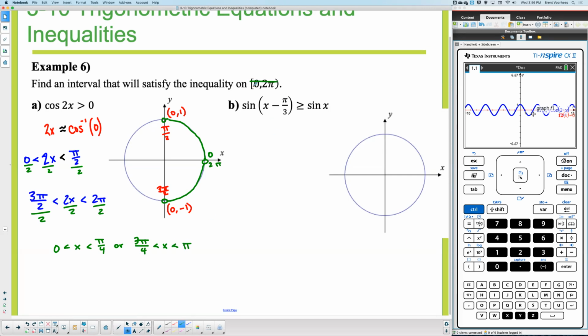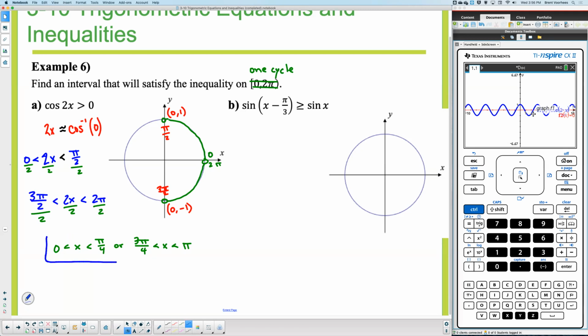So I've changed my inequality. So now, how about we find the interval that will satisfy the inequality on about 1 cycle? Because this is no longer on 2 pi, this is only going up to 1 pi, because you would divide everything here by 2. And so this would be our answer here.